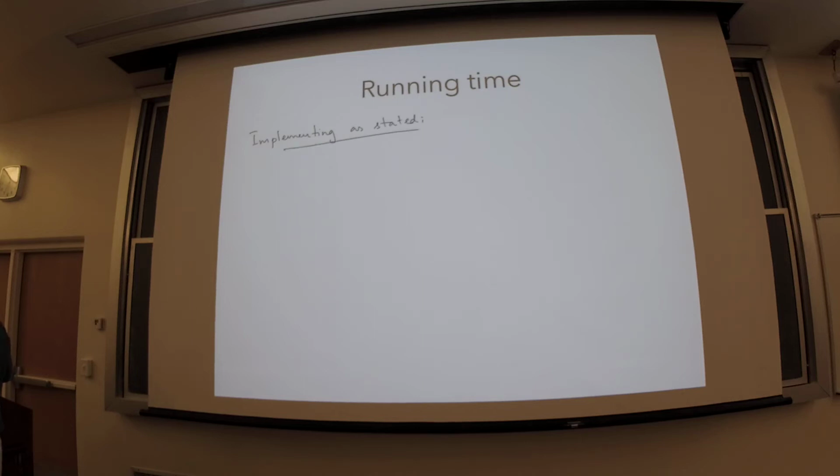Implementing as stated means that each iteration takes time proportional to the number of edges out of S. And S is growing, so the number of edges out of S could also potentially be growing.